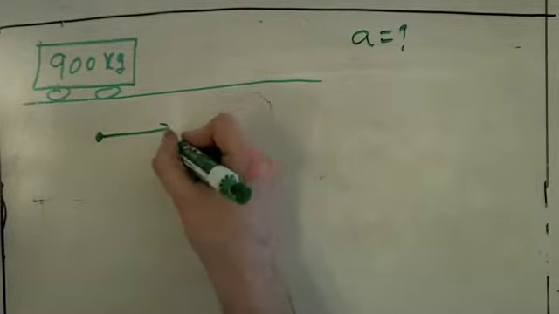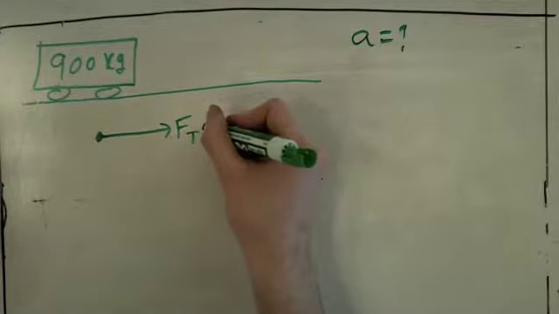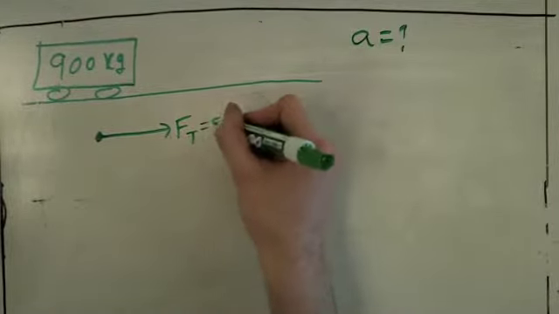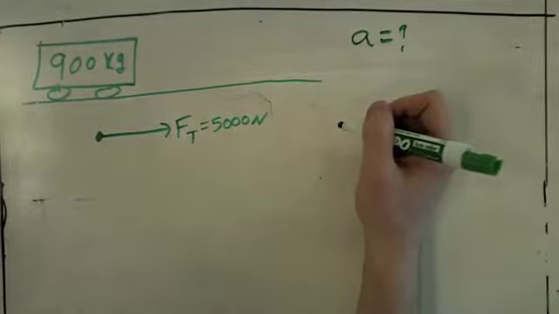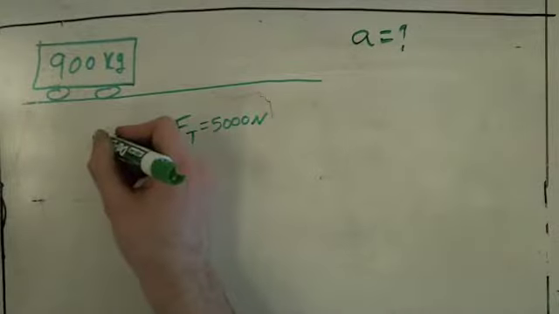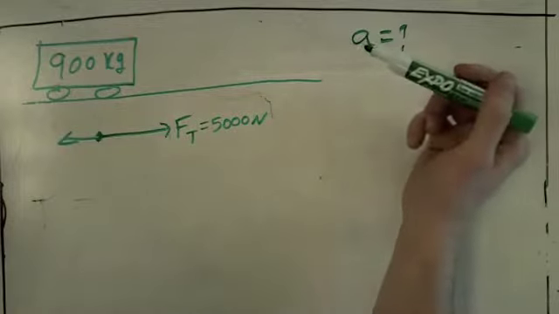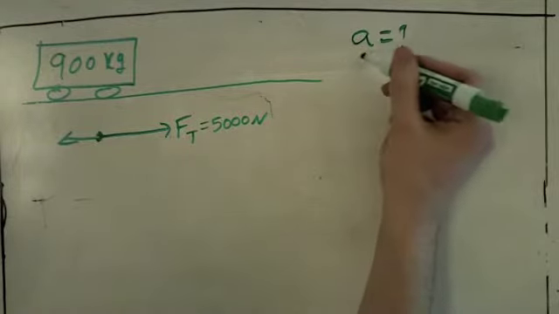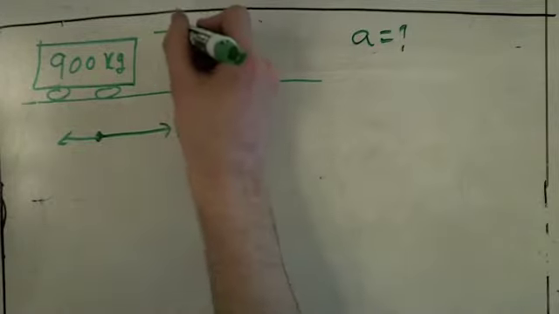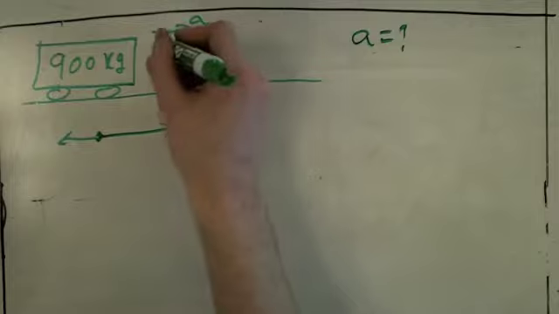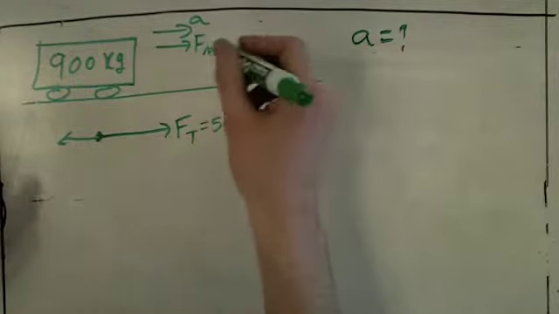So they tell me I have this force of traction or thrust, whatever you want to call it, and I know already that that is equal to 5,000 newtons. So that's what the problem tells me. There will be some amount of friction, but since we're looking for acceleration, we can assume that it's accelerating in this way, thus there must be a net force in this direction.